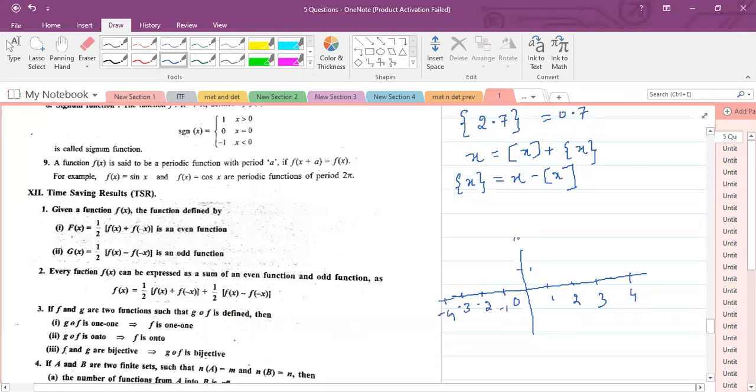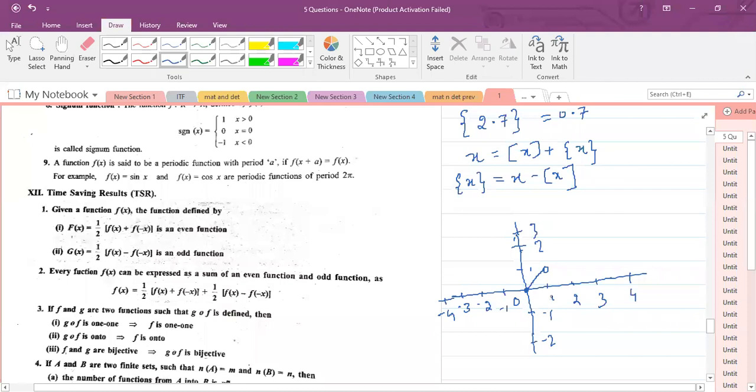Here also it is 1, 2, 3, minus 1, minus 2. Now, if you give the input as 0, what will be the output? It will be 0 itself. Then for 0.1, it will be 0.1. From 0 to 1, it works as an identity function.